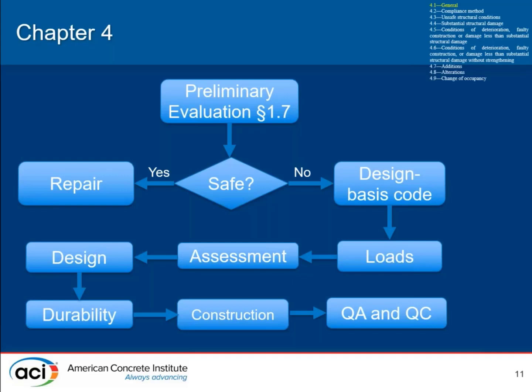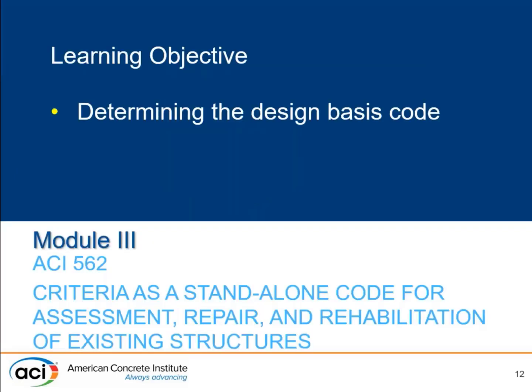First is selecting the design basis code in accordance with Chapter 4. Second is selecting the factored load combinations and strength reduction factors in accordance with Chapter 5. And finally, we'd be carrying out an assessment in accordance with Chapter 6. So there's the design basis code. We'll be talking about that first. The learning objective for this module, Module 3, is to determine the design basis code.